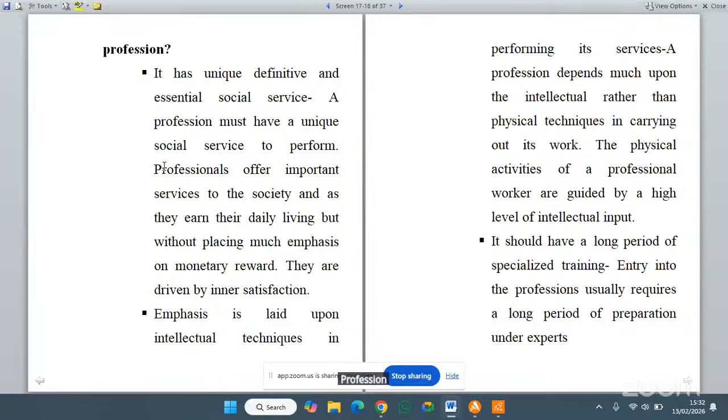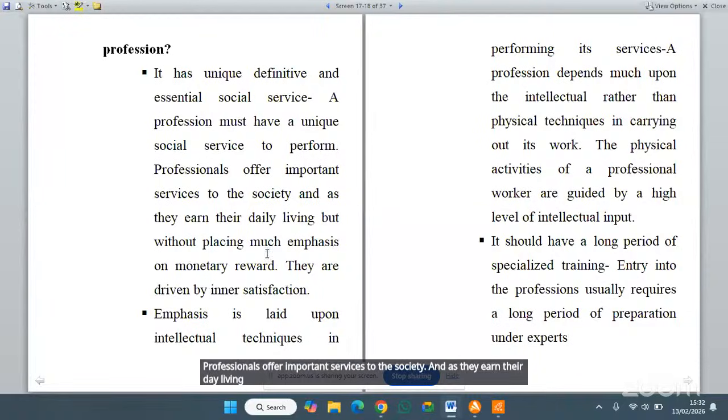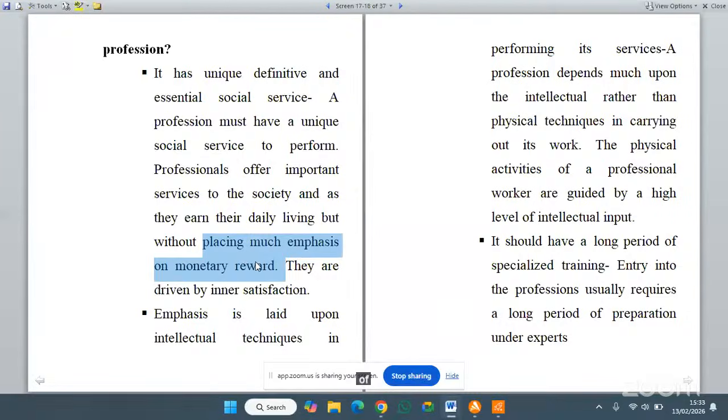Professionals offer important services to the society, and as they earn their daily living, they do so without placing much emphasis on monetary reward, so that the provision of the service is the motivation behind their actions, behind their daily work, but not the monetary gain that they get from that.